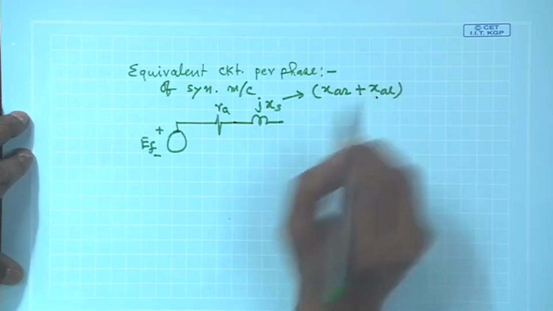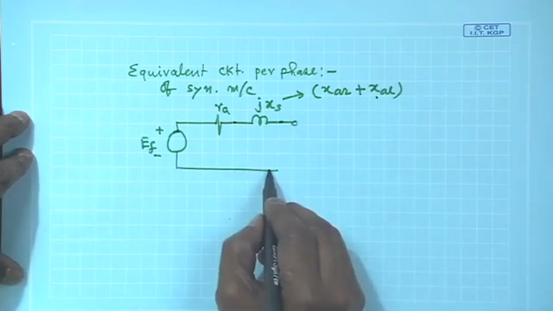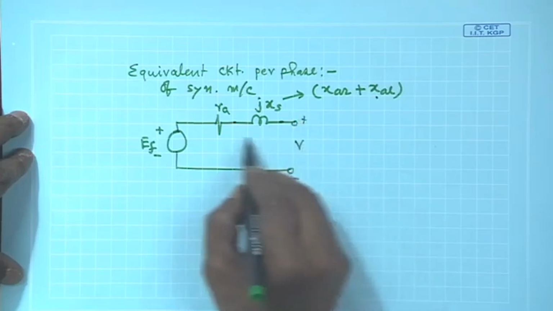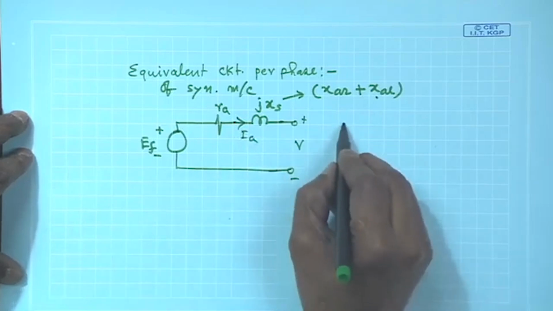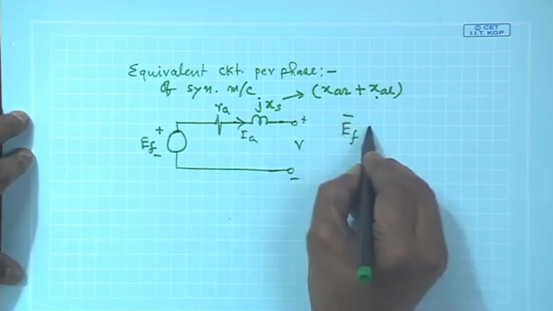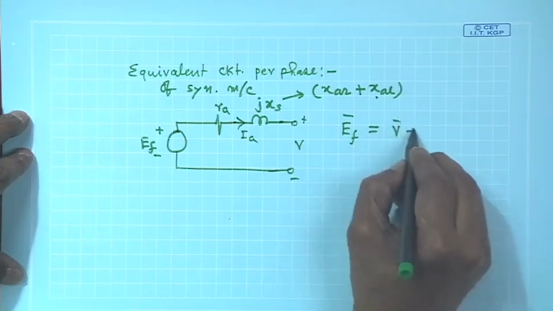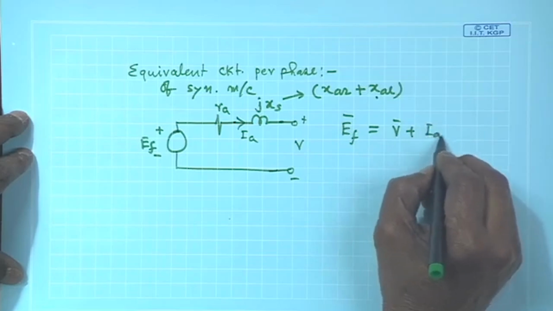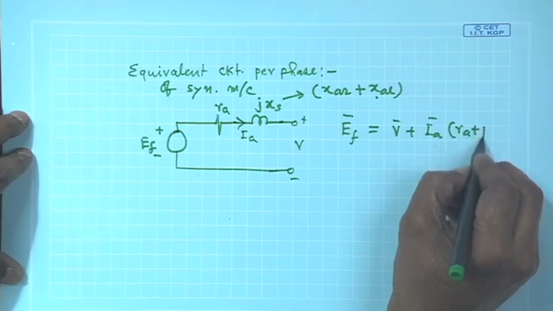This is small, and then your load terminals or bus terminals, whatever it is, V, all are phasors, IA, and I will simply say, okay, Ef is equal to V plus IA into (RA plus J Xs).